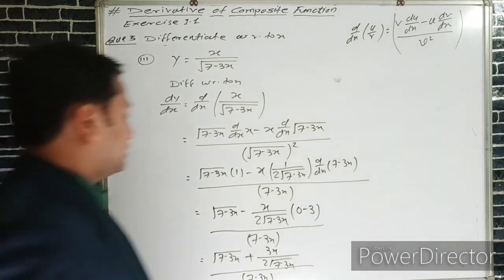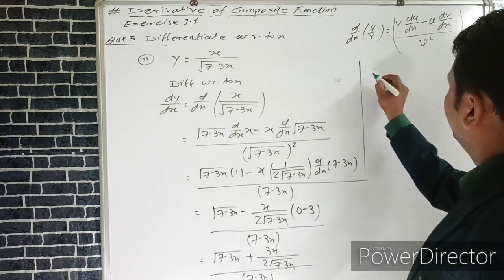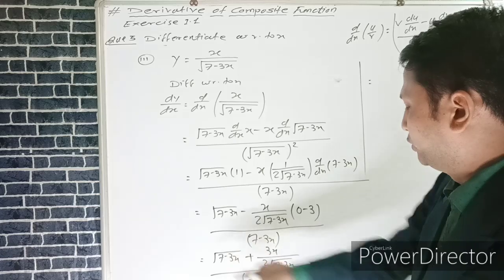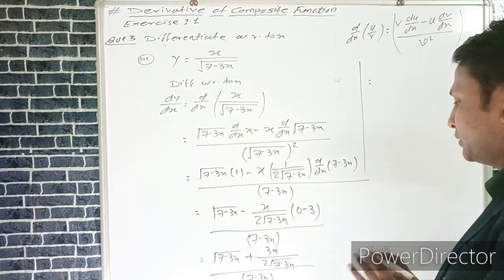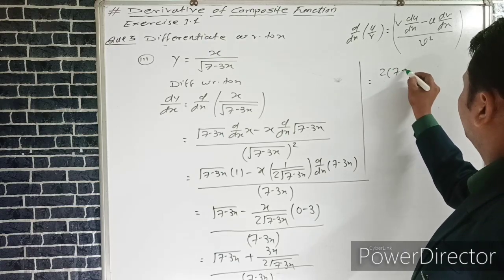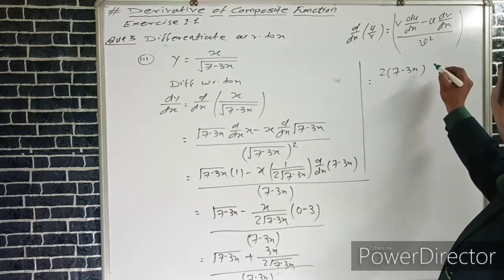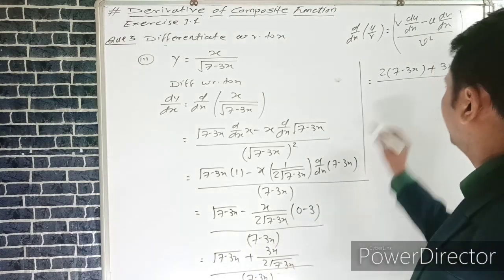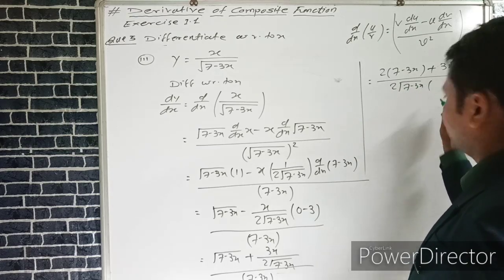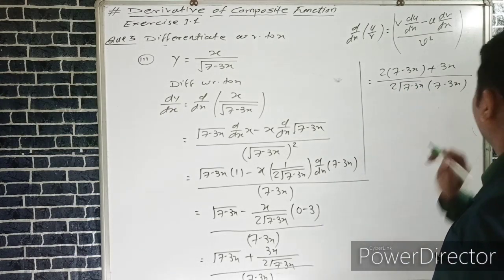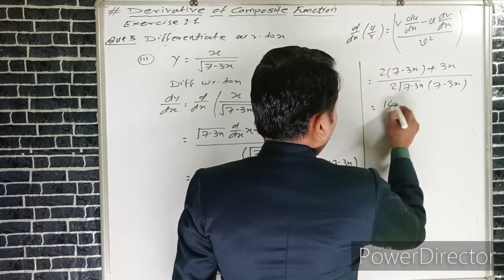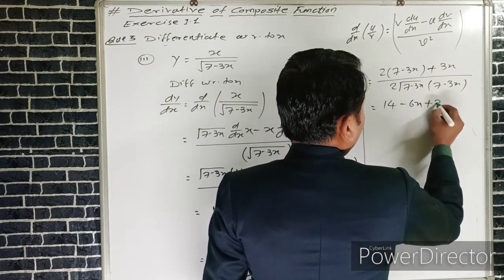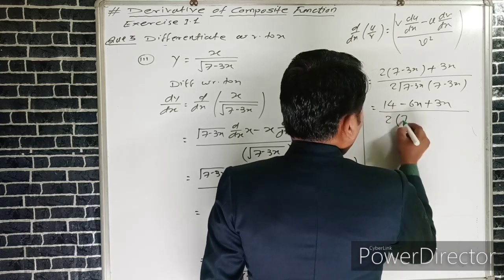We can write it also after solving, if we take the cross product of these both, then 2 into under root of 7 minus 3x into under root of 7 minus 3x is 2 into 7 minus 3x, plus 3x into 1 is 3x, upon in denominator 2 under root of 7 minus 3x into 7 minus 3x. 2 into 7 is 14 minus 2 into 3 is 6x plus 3x upon 2 into 7 minus 3x.